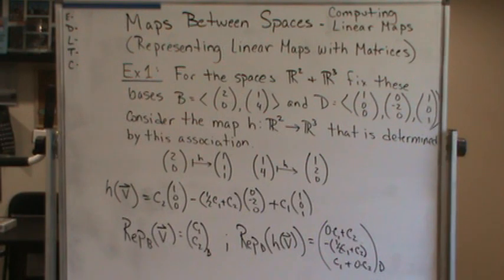Okay, so now think about this. In the middle of the argument, the vector v to the map is represented with respect to the domain's basis B by the column vector with components C1 and C2. On the right is the value of the map on that argument, h of the vector v represented with respect to the codomain's basis D. The matrix on the left is the new thing.